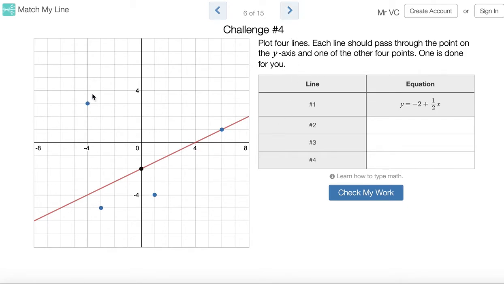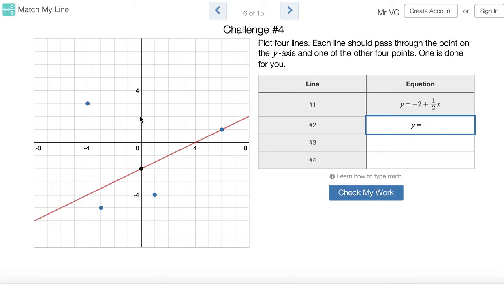This is another example, and this is the last one I'm going to show you. Once again, you have 4 points. Each line should pass through the point on the y-axis. In this case, it's -2. Now, they set up the slope intercept backwards. It doesn't mean you have to. So I go y is equal to, and if I'm doing this point right here, it's going to be something negative, and I start where the y-intercept is, and I go rise over run.